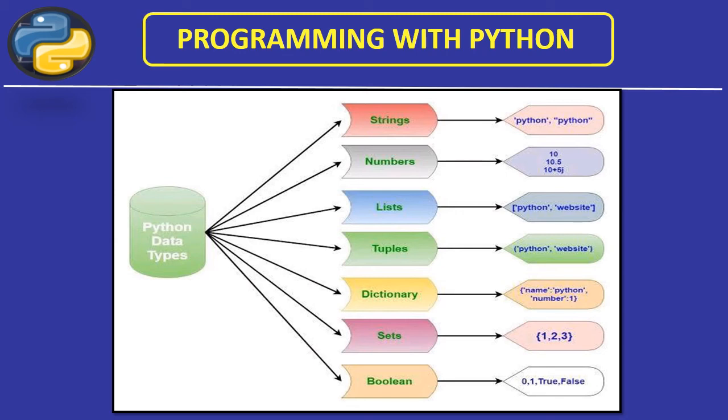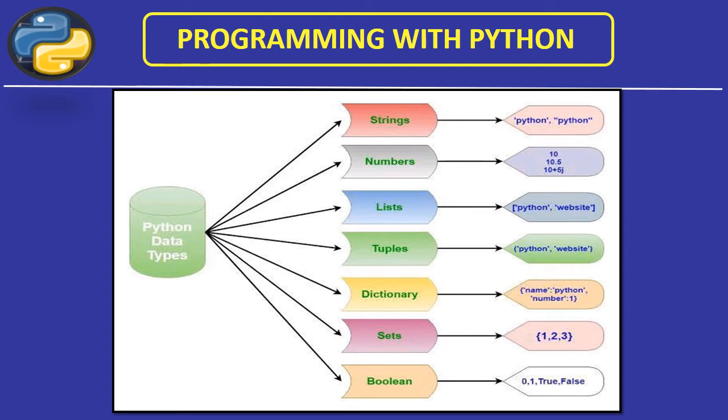The third data type here is list. List is a different kind of data type that stores a list of data elements. Another data type here is tuple, and tuple is a special data type of Python that also stores values in a sequential list way.